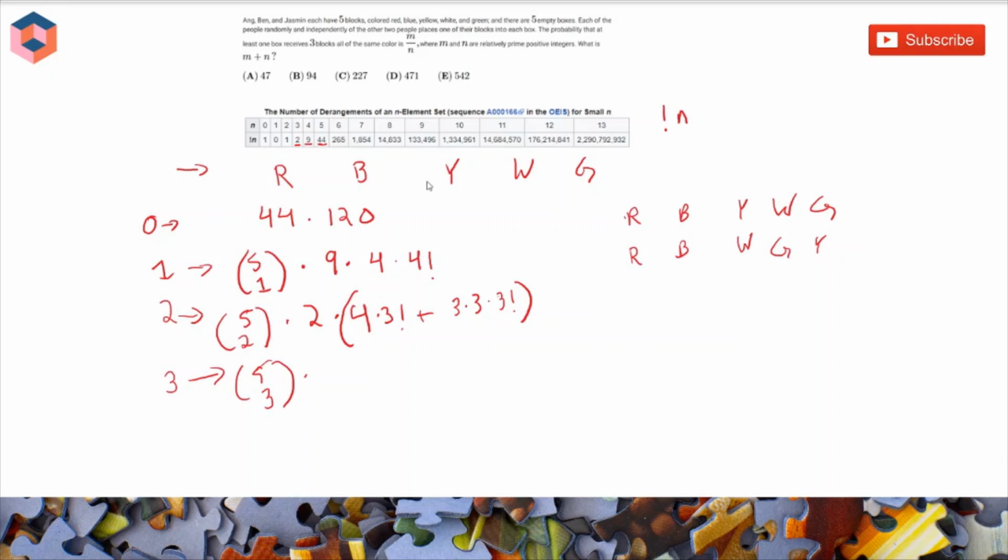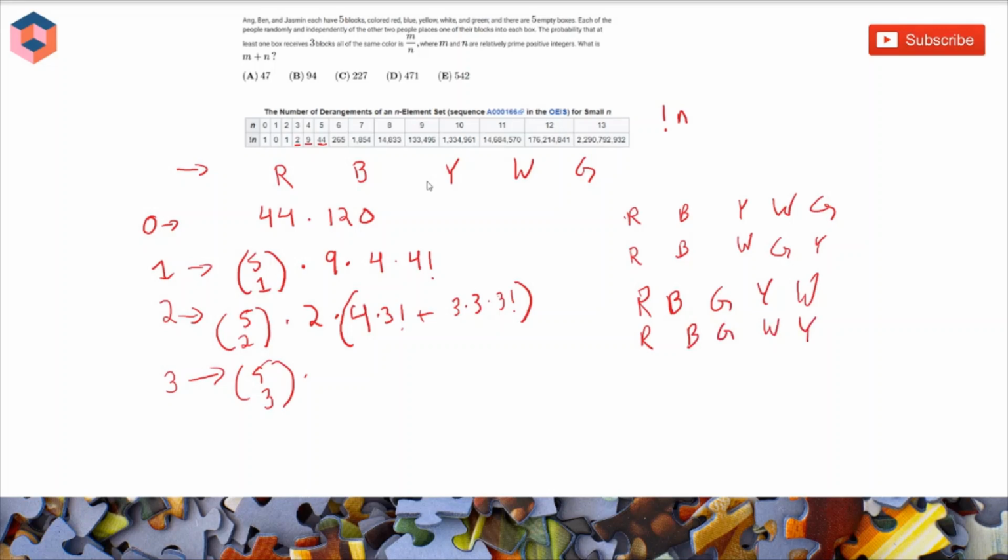For example, let's say they have R, B, and G in common. So let's write it. We have R, B, G, and maybe a Y and a W here. And then the other also has R, B, and G, and then a Y and a W.